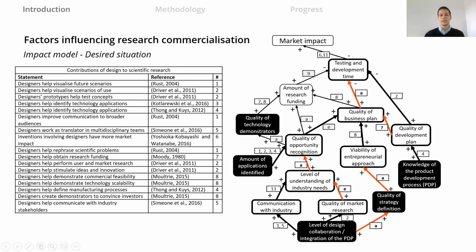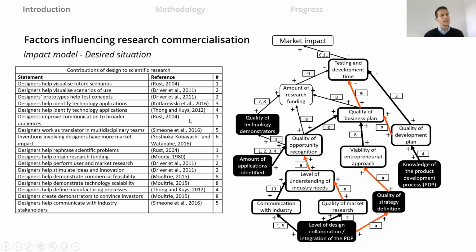Specifically, we will be looking at how to increase the understanding of industry needs and how to improve the entrepreneurial approach that will be taken. And the research actually ended up looking at technology demonstrators as well and how they can impact technology commercialization.